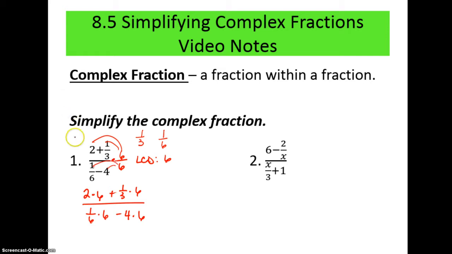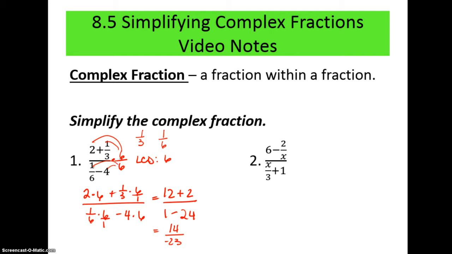To continue to simplify, we have 12 plus 3 goes into 6 twice over 6 goes into 6 once minus 24. So the answer here would be 14 over negative 23.